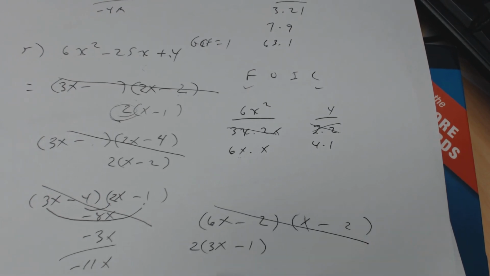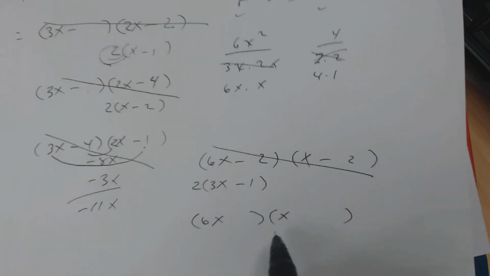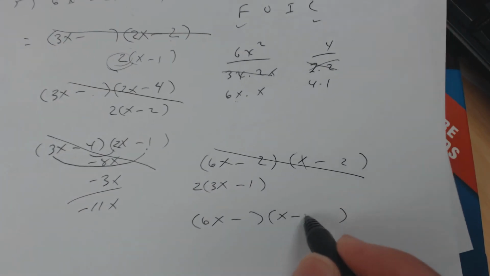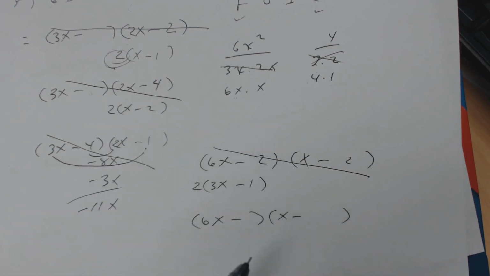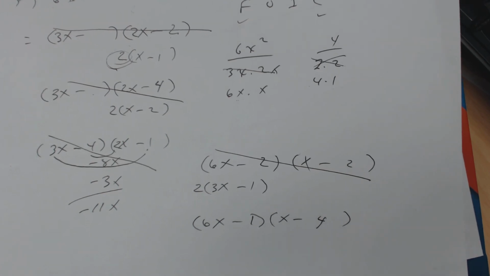So that wouldn't work. So instead of using 2 and 2, let's use 4 and 1. Now remember, you can't put the 4 here for the same reason. Because if you put the 4 here, that means you can take out a 2. So put the 4 here and the 1 here.